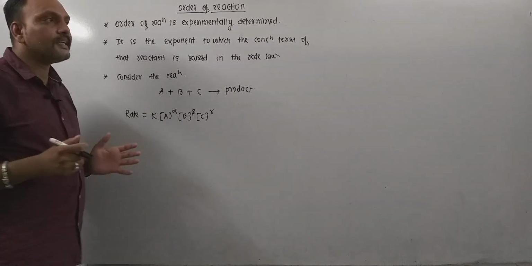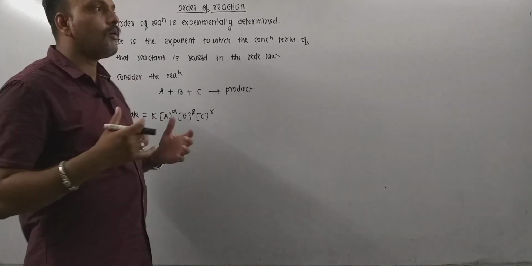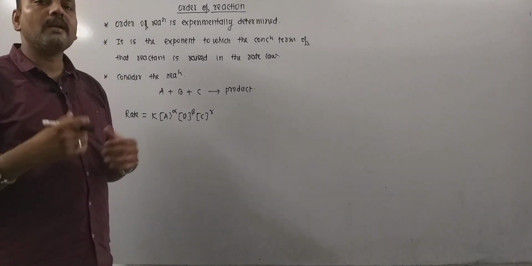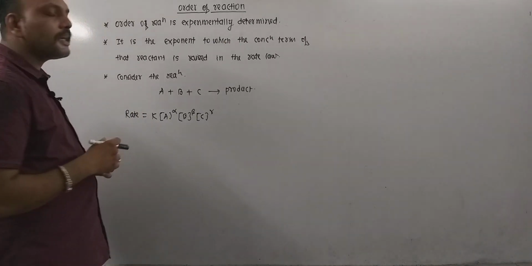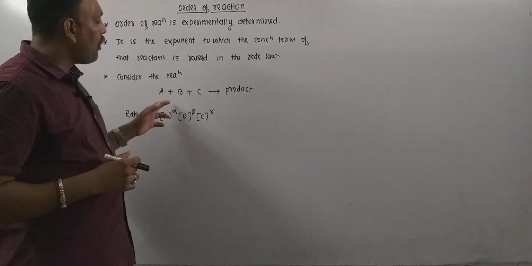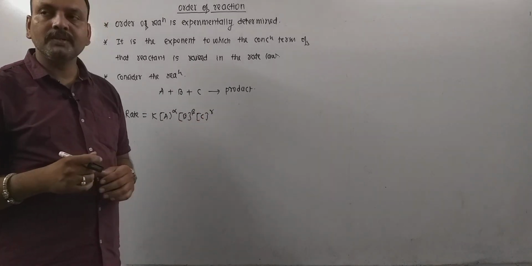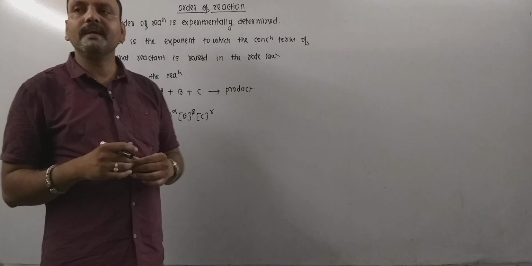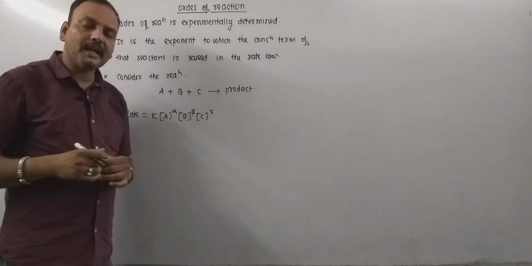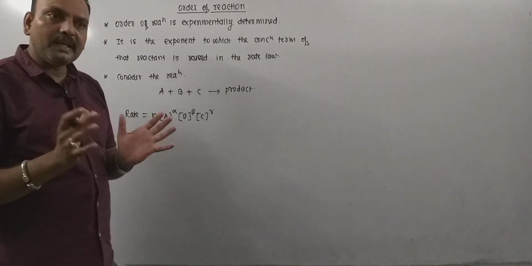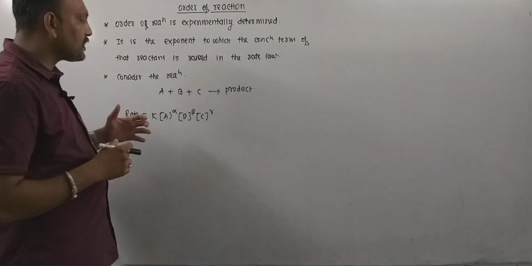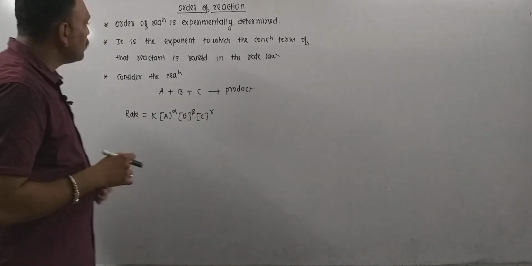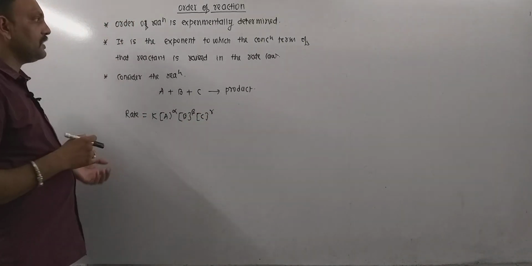Now the question arises, what is the overall order of reaction? Remember, the overall order of reaction is nothing but the sum of all these exponents, no matter how many ingredients affect the rate. In the rate law, we need to add all the exponents to which the concentration terms of the reactants are raised.